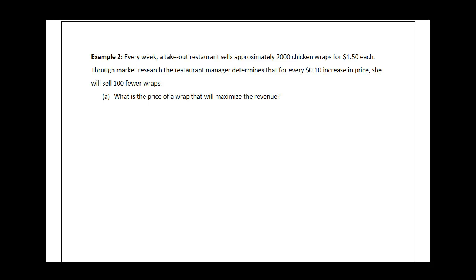So this is the perfect example of what I'm talking about for the business problems that we encounter when we're dealing with revenue. In order to solve this, we need to know what revenue really is. Revenue is the number of items that a business sells multiplied by the price per item.